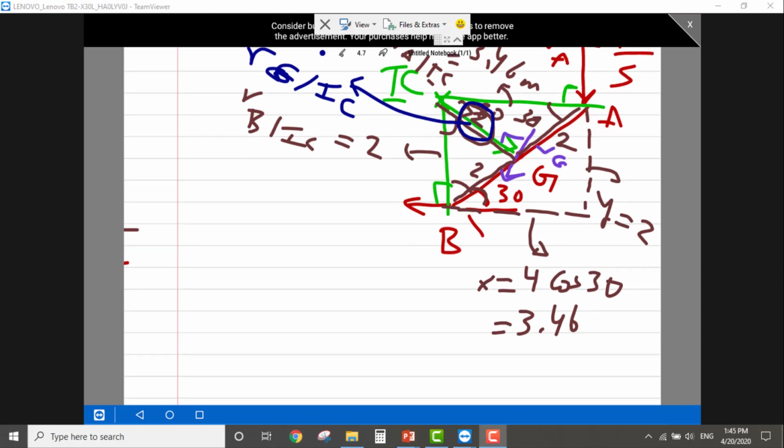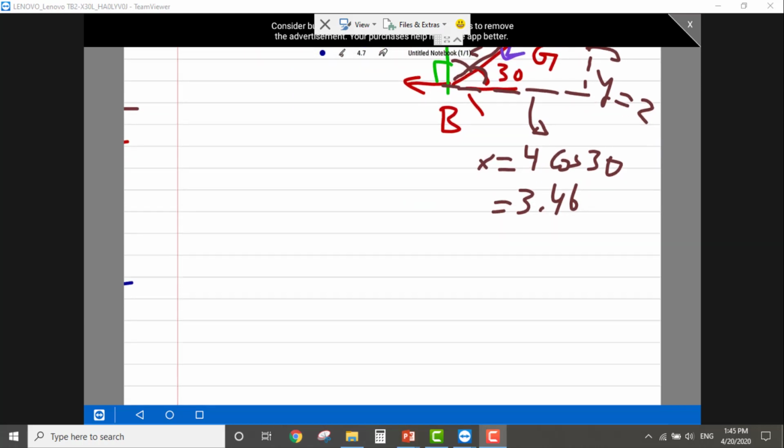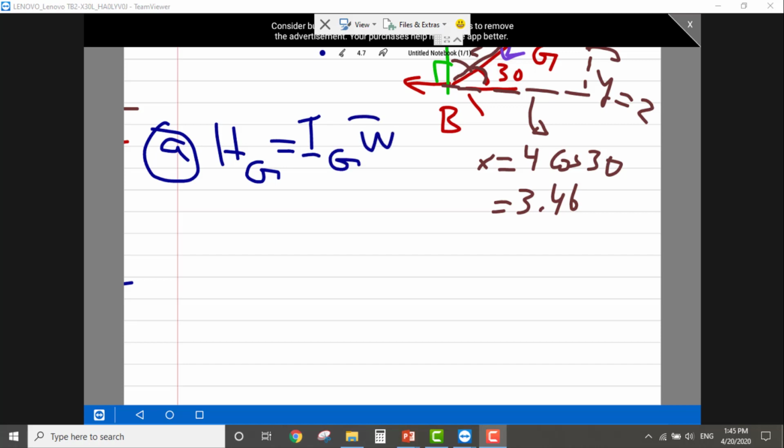Let's continue. Let us first find the first requirement, which is to find HG, the angular momentum with respect to the centroid, which is equal to IG multiplied by omega. Now omega is unknown. How can we find omega for this rod?